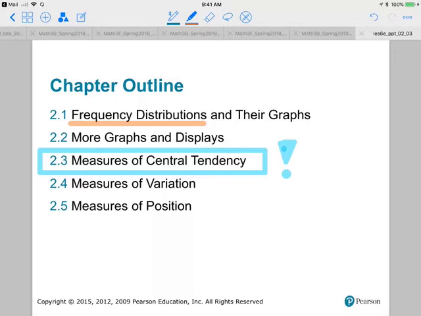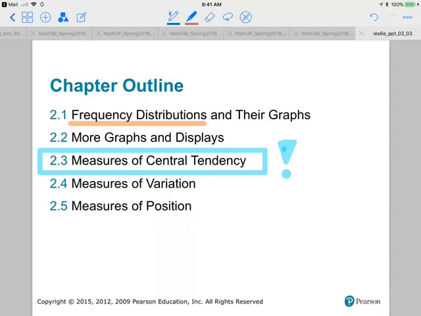As a recap, you have some quantitative data, and under certain conditions, you can describe the data by way of a frequency distribution. And you can graph a frequency distribution, making line graphs and bar graphs. Sections 2.1 and 2.2 are both just describing ways to visually display data and distributions.